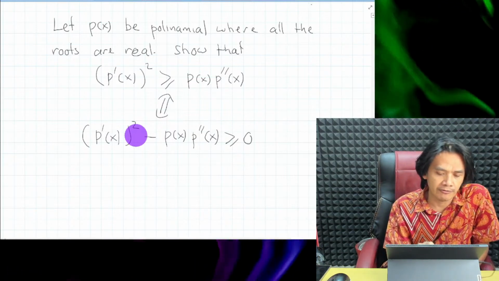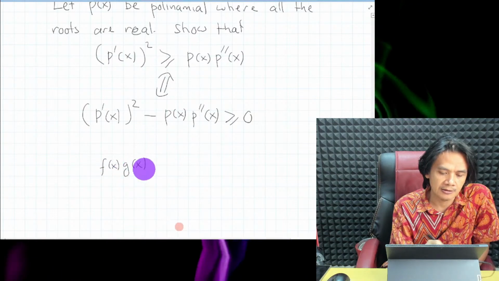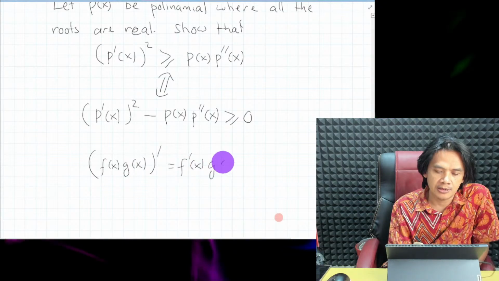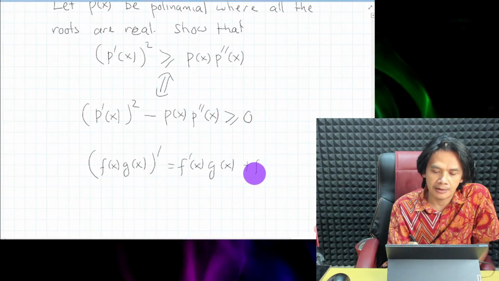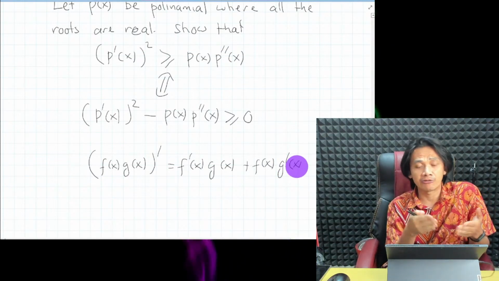Remember that if you have the derivative of f of x times g of x, it's equal to f prime of x, g of x plus f of x, g prime of x, where you take turns taking derivatives.